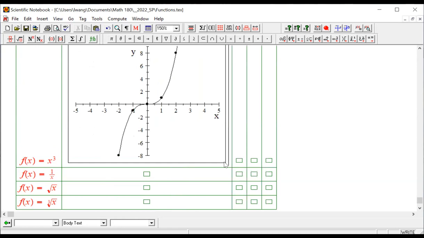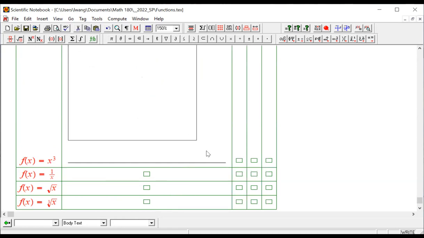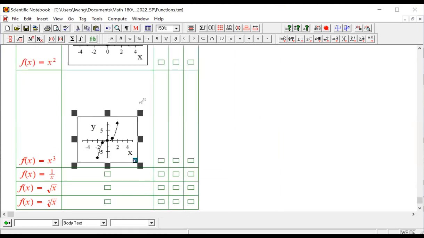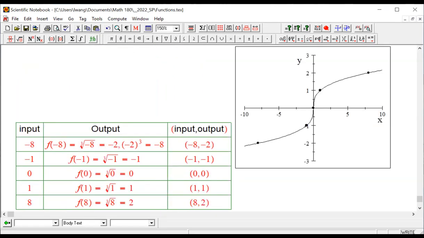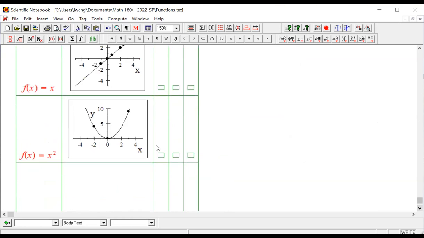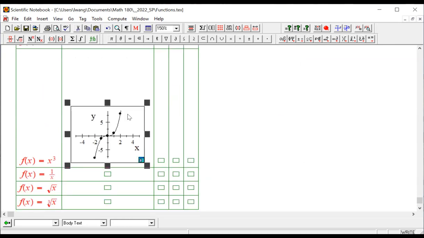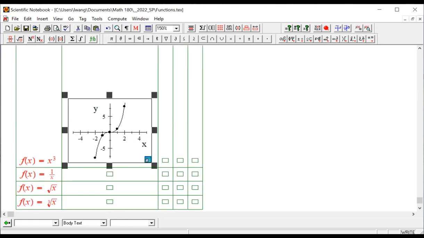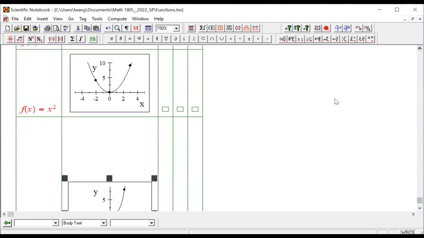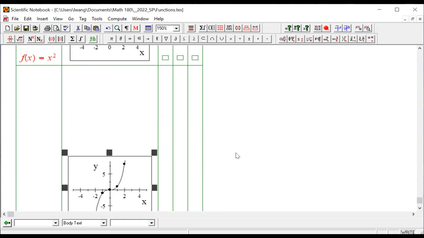So the cube function, right? x raised to the power 3. Let's see. Oh, where did it go? Huh.